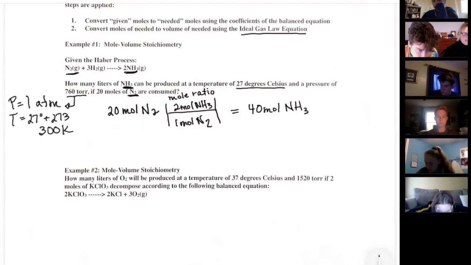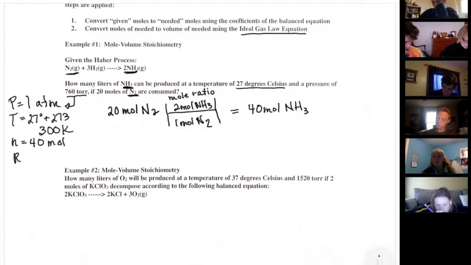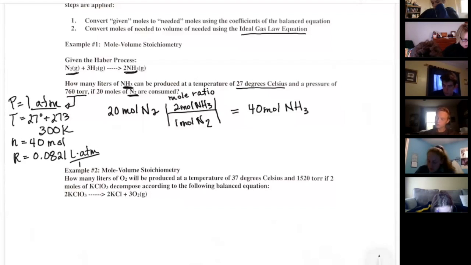So we have to then use PV equals nRT to calculate our volume. So we have n, that's 40 moles. We have R, because we know it, it's 0.0821 liter atmosphere per Kelvin mole. P is 1 atmosphere.